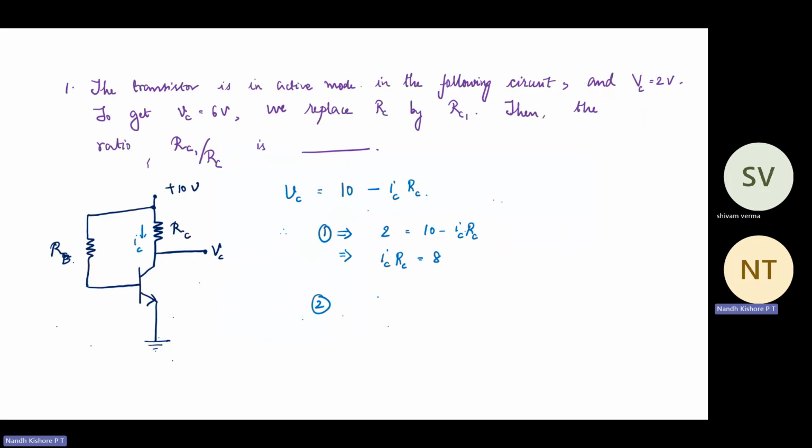And in case 2, you want VC equal to 6 volts, which means 10 minus, now RC becomes RC1. So from here we have to get what is RC1 by RC. From this particular expression, I can very well write IC is equal to 8 by RC.